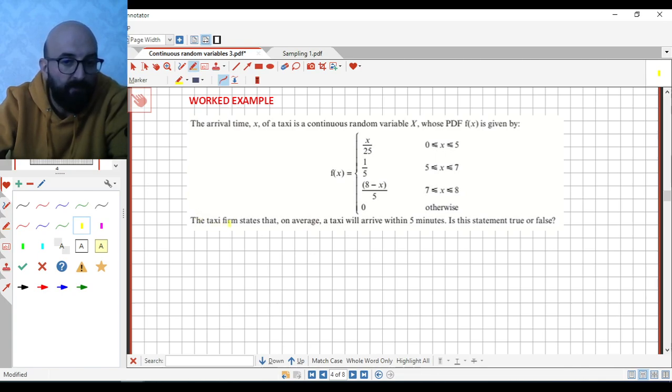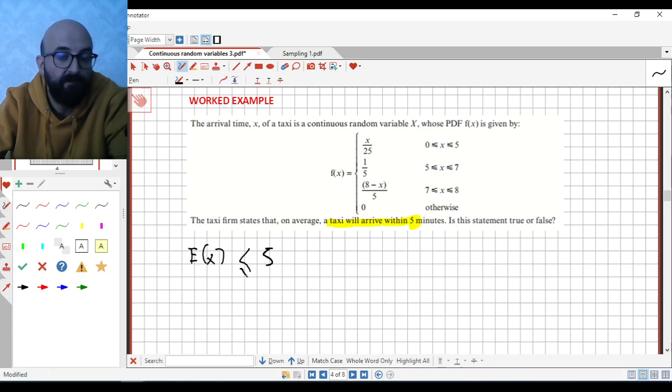If the taxi firm states true, the expectation value should be less than or equal to 5. But if the expectation value isn't less than or equal to 5, they have stated false.